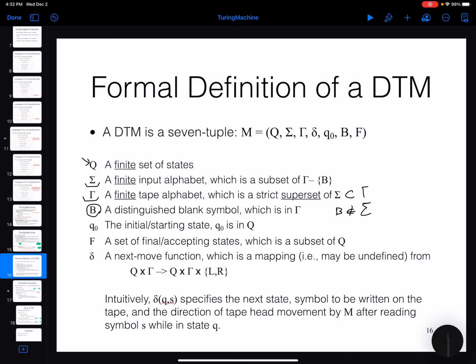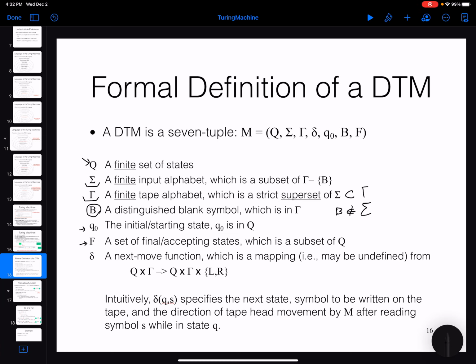There is going to be a starting state, very similar to what we have in a finite state machine, and a set of accepting states. Although we usually have one accepting state in the Turing machine, you can have more than one.